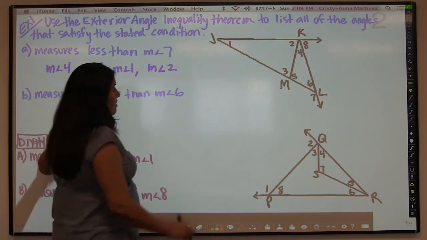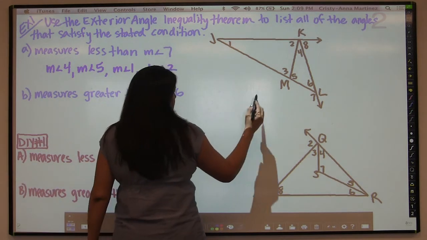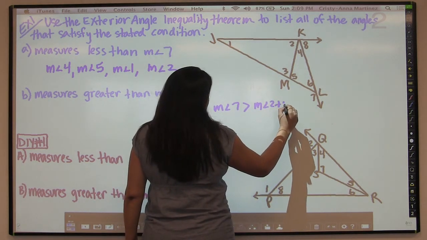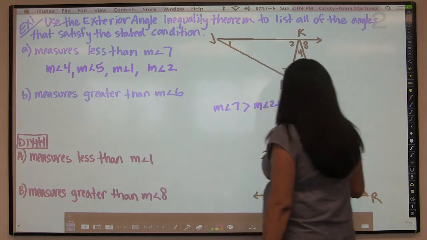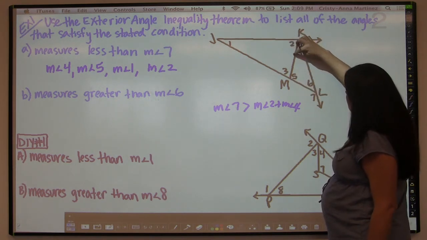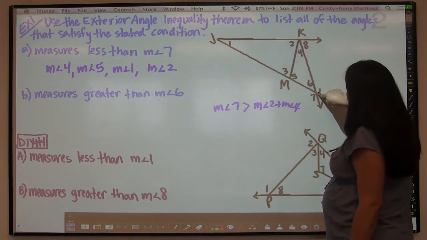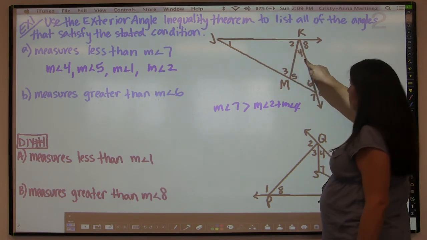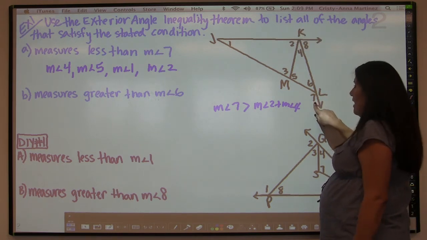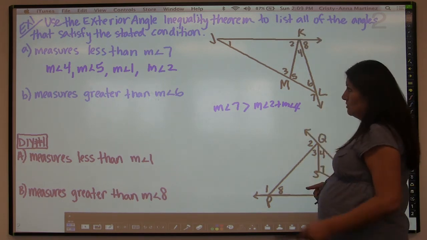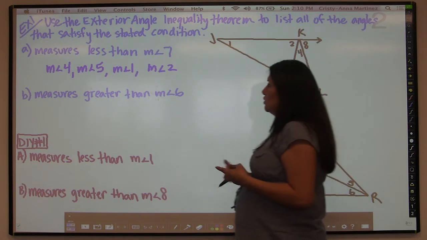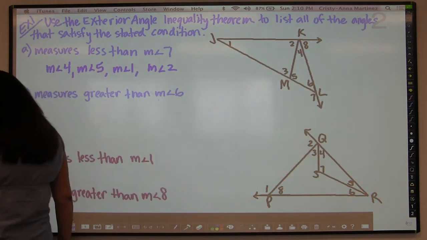In other words, angle 7 is larger than the measurement of angle 2 plus the measurement of angle 4. This angle, angle JKL, uses these two angles together and is a remote interior angle to angle 7. So angle 7 is also bigger than those two angles combined. At the end of the day, angle 7 is bigger than angle 1, angle 2, angle 4, and angle 5.